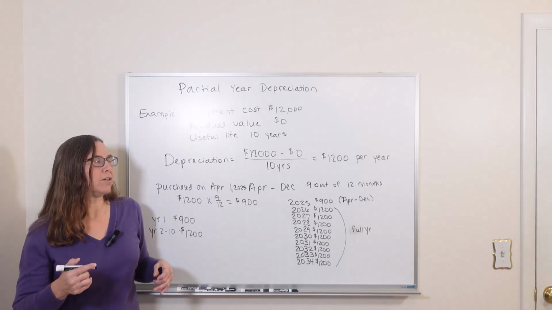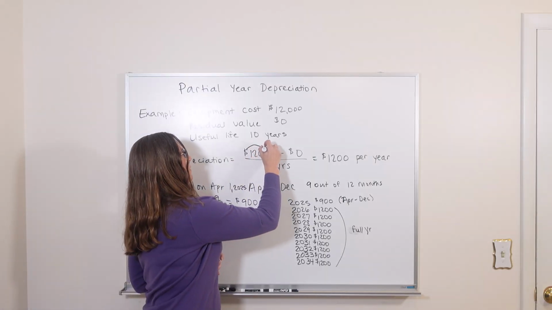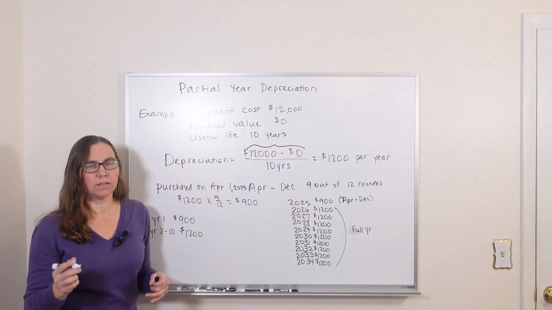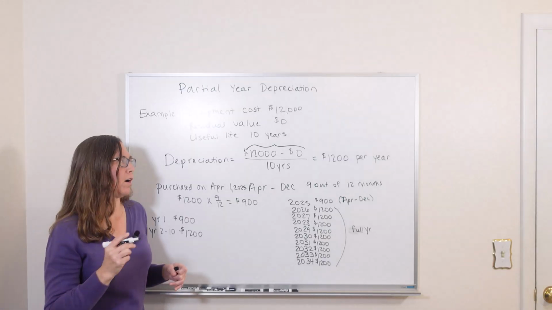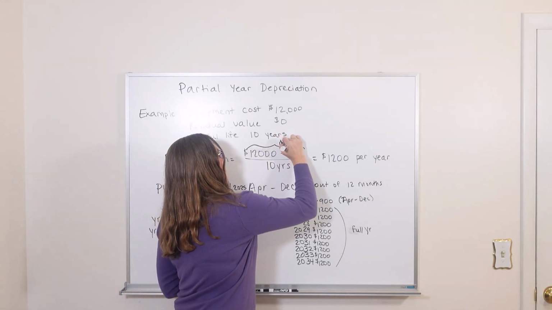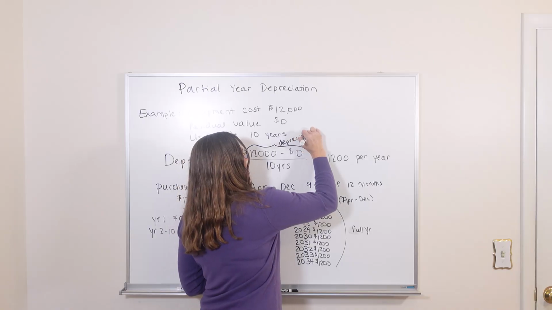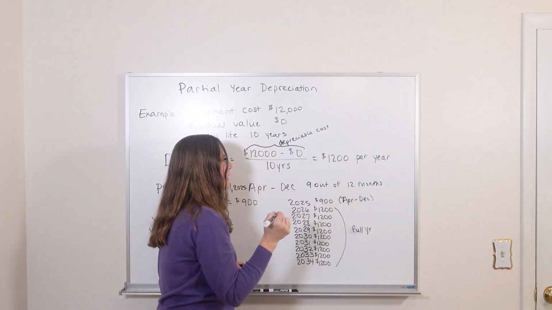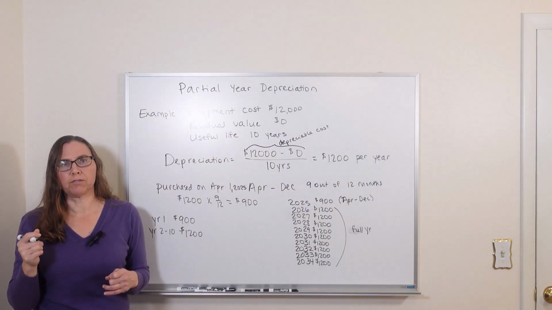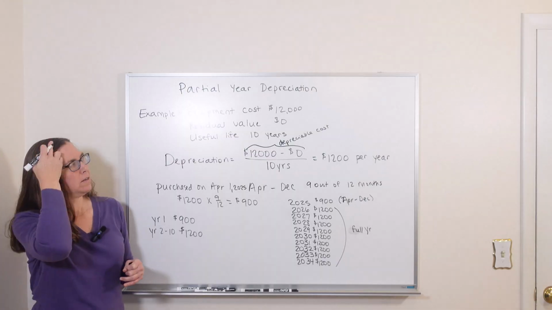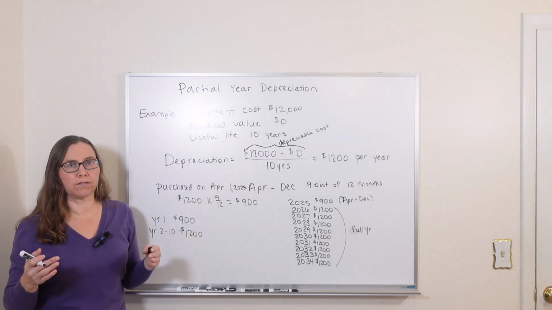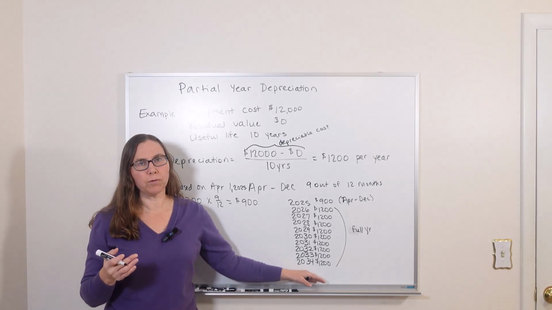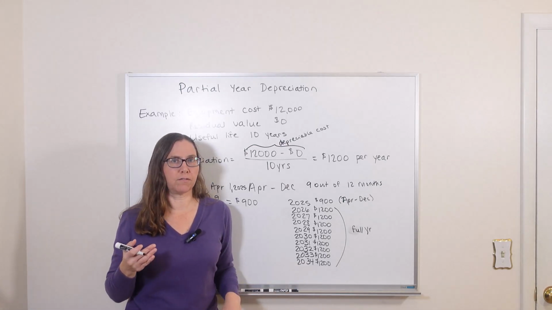In the last video, I talked about how the top of this formula, the cost minus residual value, represents the depreciable cost. And this is the maximum amount you want to depreciate the asset. So they want their accumulated depreciation account to reach the $12,000. And at this point, it's only 11,700.